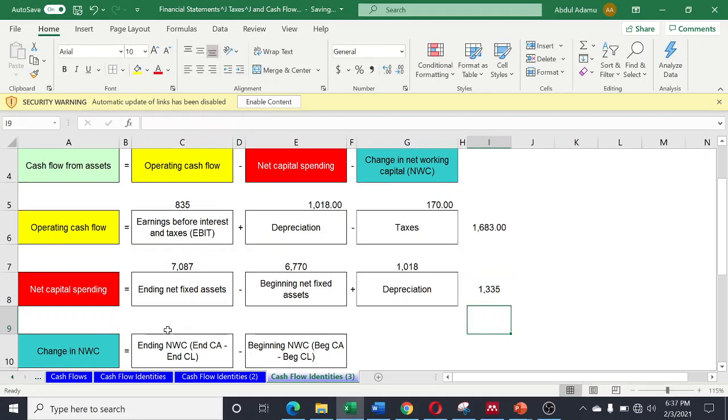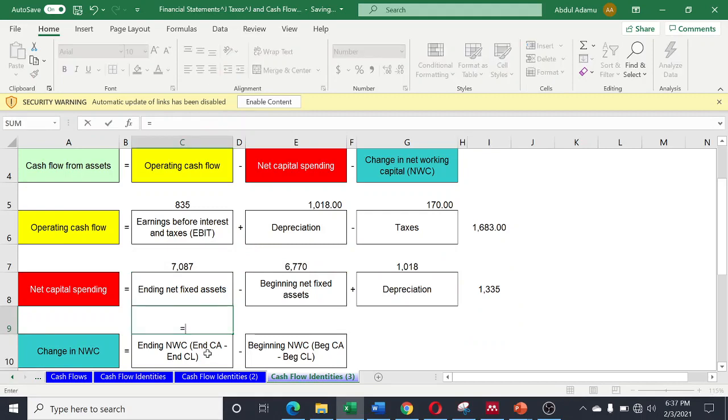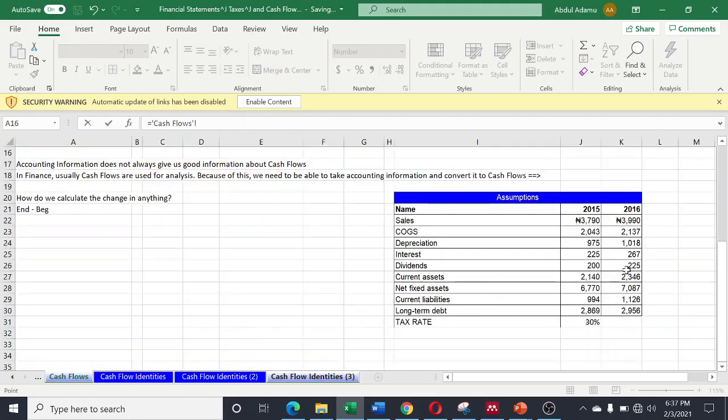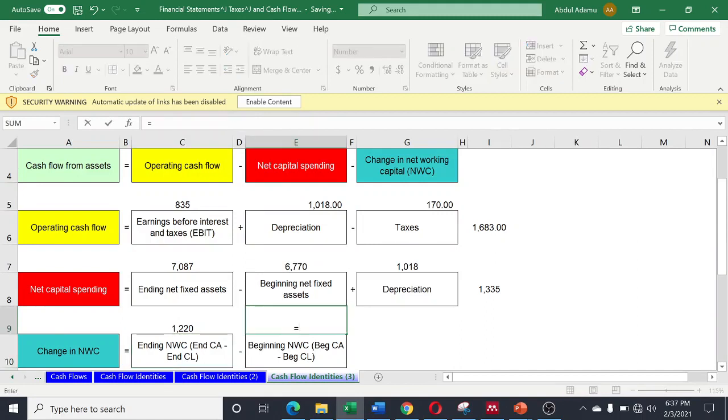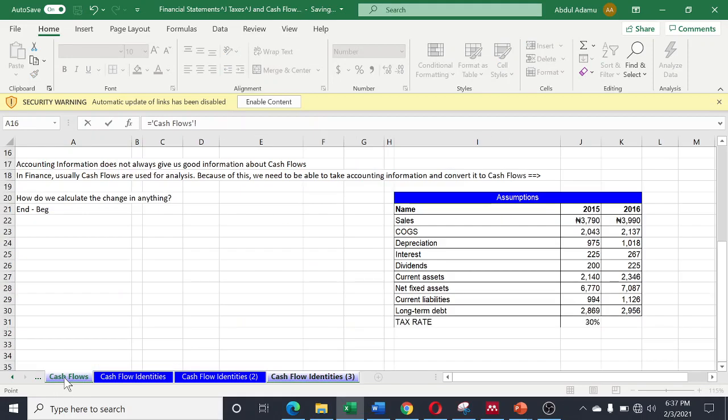Change in net working capital is equals to end current asset minus end current liability. So we go back, the end current asset is this minus end current liability, which is this. You press enter, that is the value. This is equals to beginning current asset minus beginning current liability.